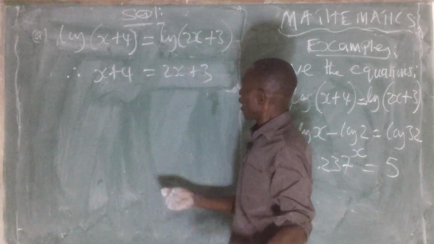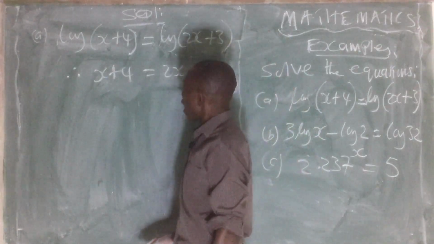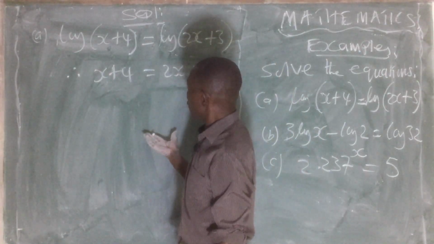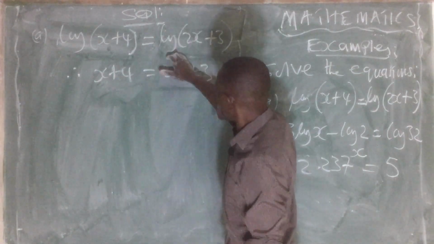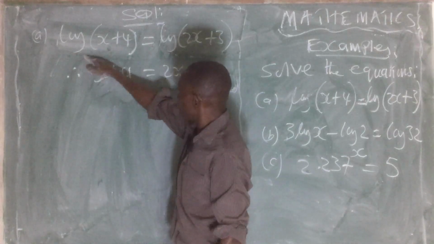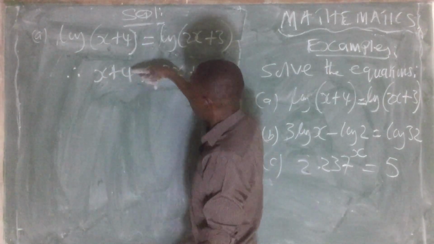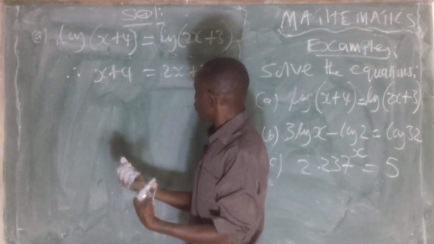In one way or another, we call out the antilog: the antilogarithm for this one and the antilogarithm for this one, the opposite of the logarithm, should be the same.